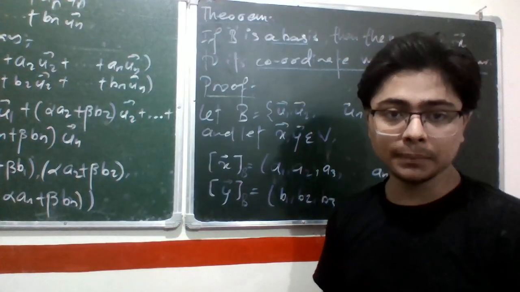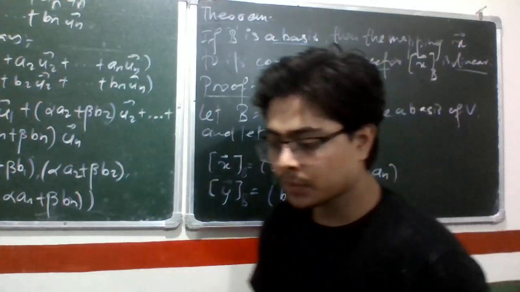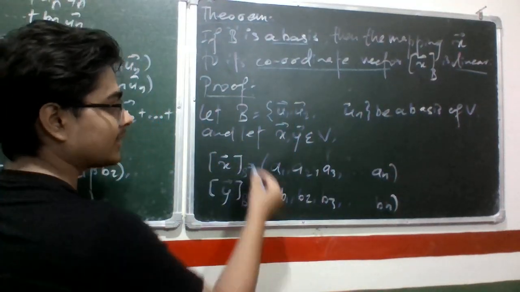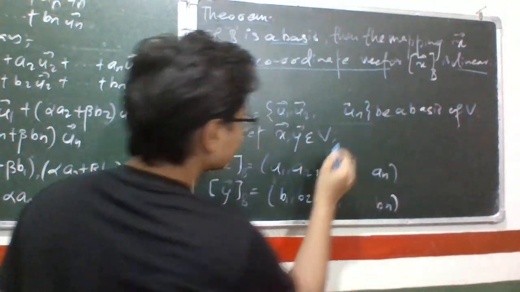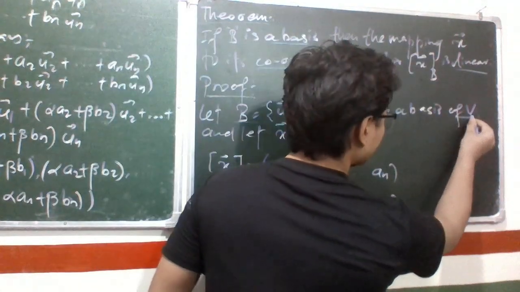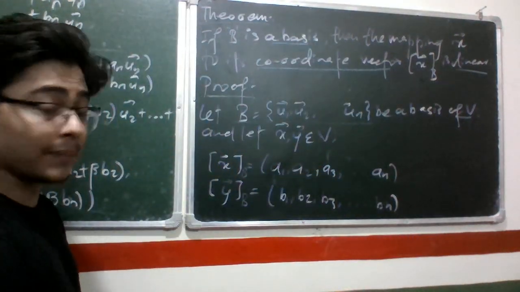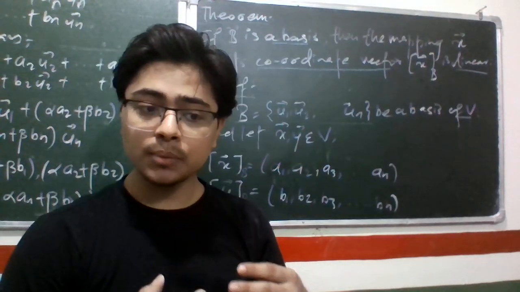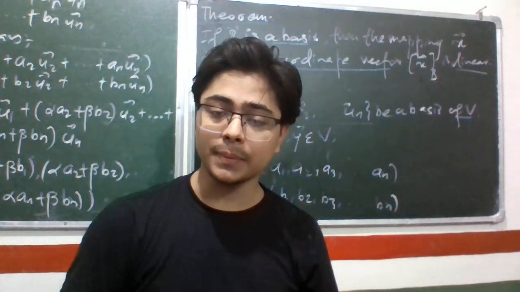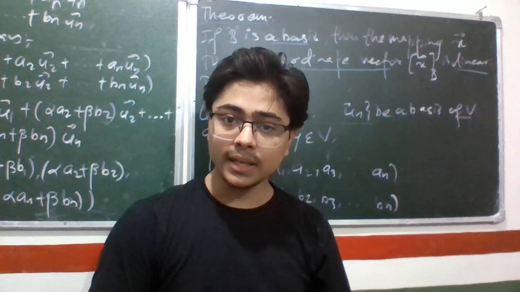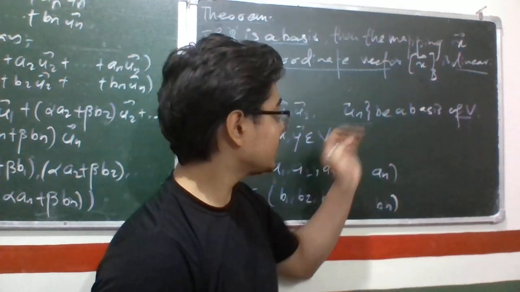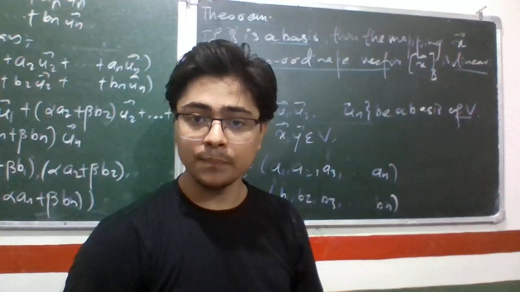So let's start with the basis. What do you mean by basis? As you have already studied, basis means the fundamental set of vectors of any vector space V. Let's suppose x and y exist in vector space V. If that's the case, then x and y both are spanned by these set of vectors, right?